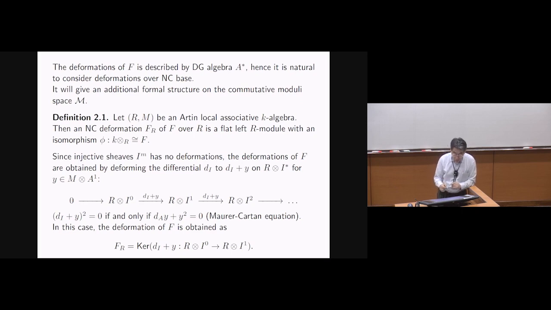So in this way, one can describe all deformations of F. So deformations of F are obtained by deforming the differential d_i to d_i plus y. So y is an element in m tensor A^1.